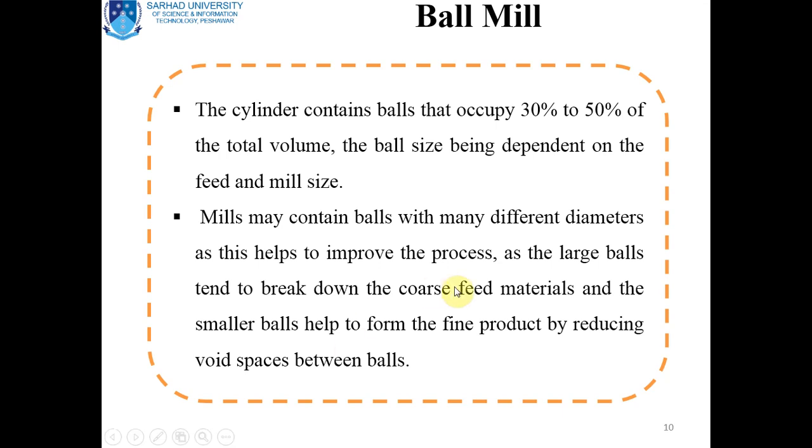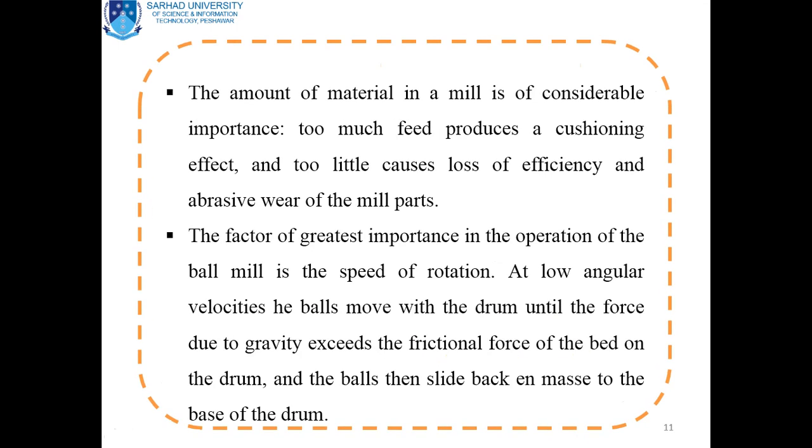This is the explanation of using the larger ball and the smaller ball. Large balls break the coarse feed material, and the smaller balls form the fine product by reducing the empty spaces between the balls.